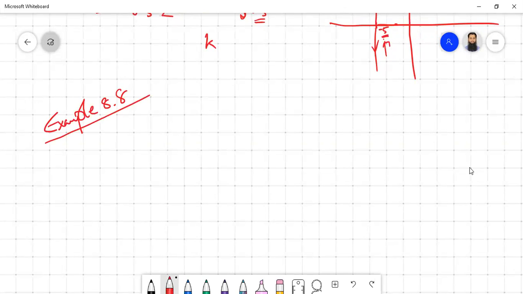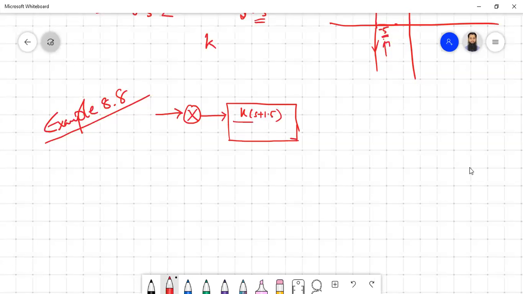So they have given a system like this. The difficulty with this particular case is K(s plus 1.5), and then s plus 1, and s plus 10.